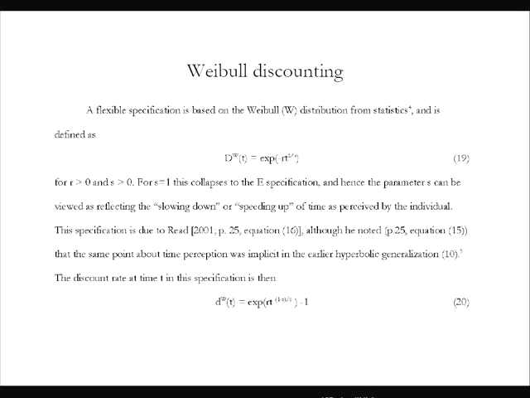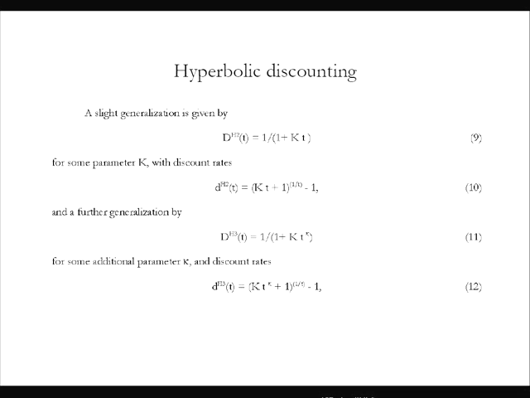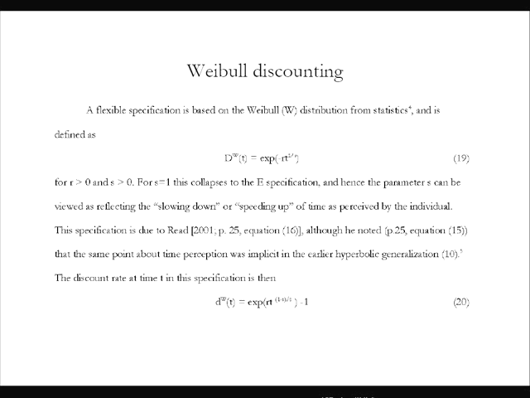And then one that we like, and that has been proposed by... One thing here is the exponential function is not nested within any of these. So you can't test directly for exponential discounting with any of these functions. And then we have the Weibull specification here, and that has been used by Read in 2001.